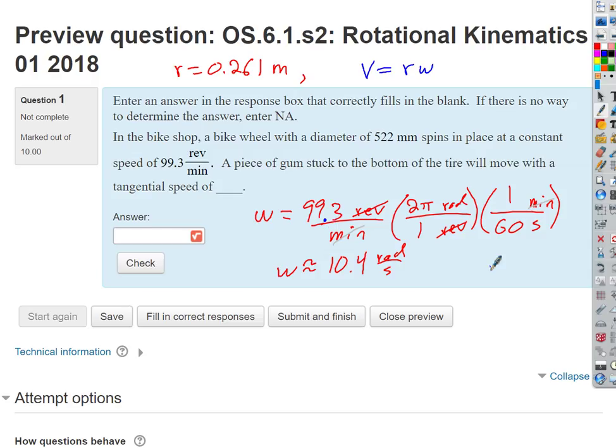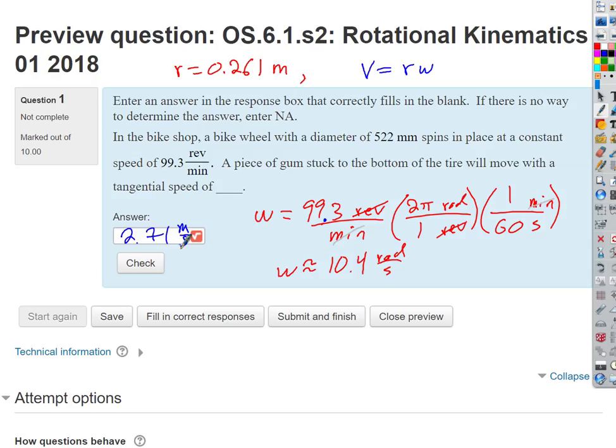So 10.4-ish times 0.261 gives us what? 2.71, to three places. And the units would be meters per second?